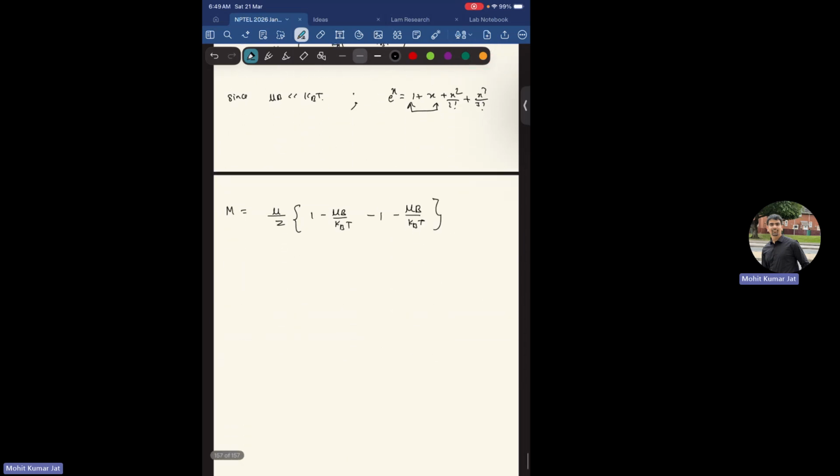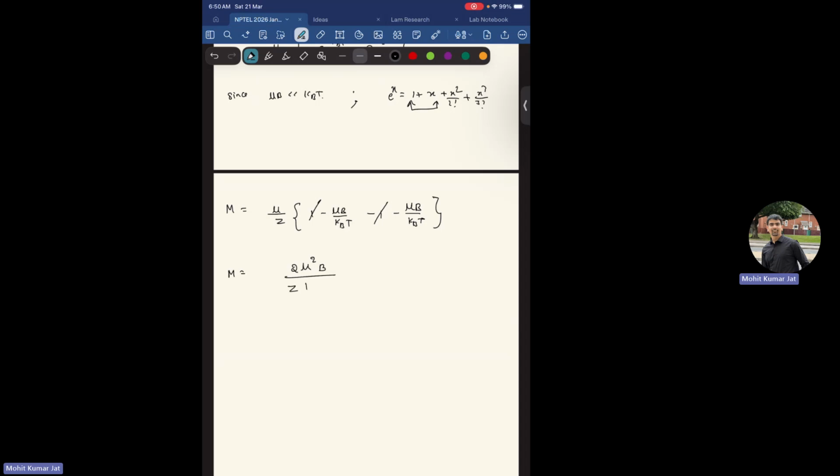Right, and if we do so, what we get is 1 cancels, and M is equal to minus these two. So these two add to mu square B by Z kBT.